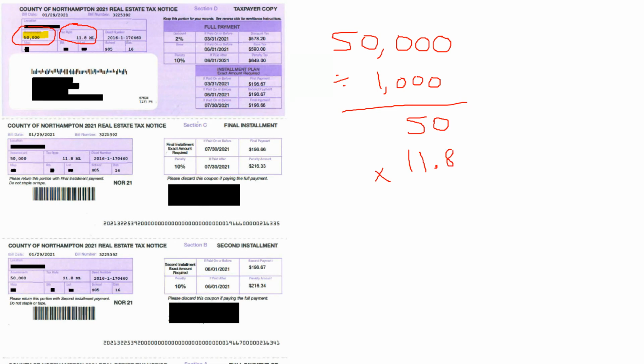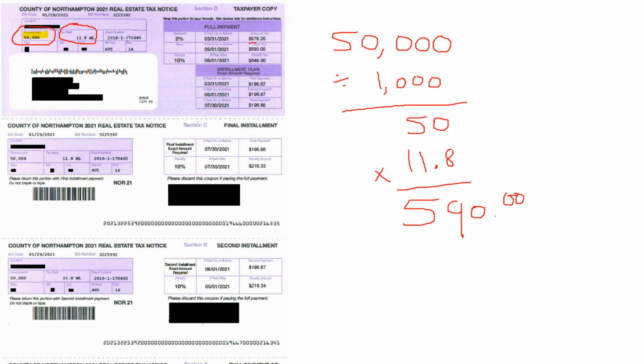So then the total tax liability in this example and under this type of math function is going to be $590. And we see that confirmed on the tax bill.